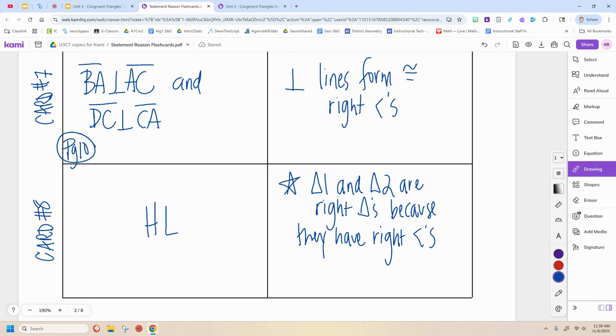Perpendicular lines form congruent right angles, right? I need to know that wording, so I might just be reading that one side over and over again to get that glued in my head. Then the next stage is looking at the opposite side and being like, oh, I see this in my given. Oh, that means I need to know perpendicular lines form congruent right angles. Okay.